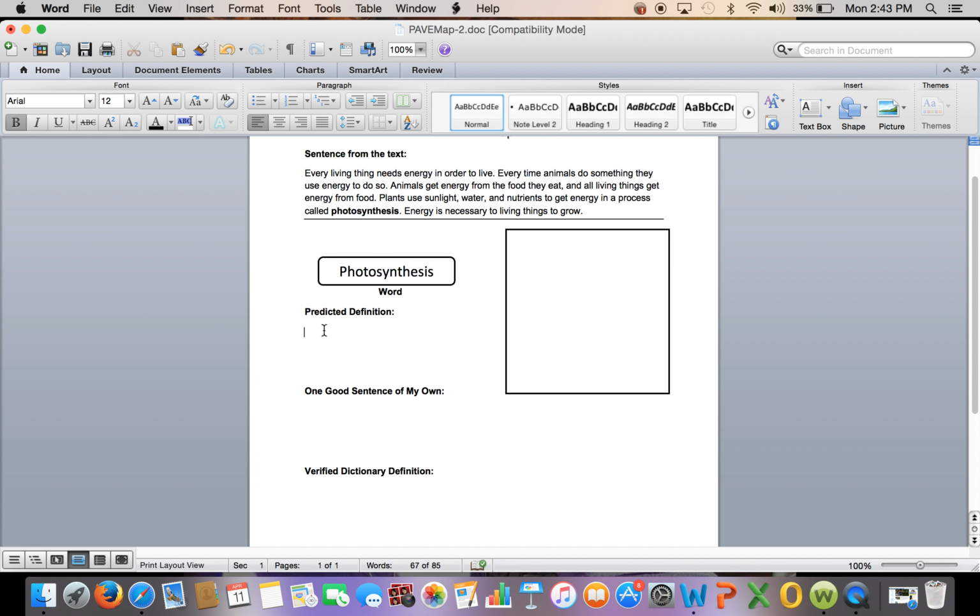You could make up anything you thought it was based on the context clues, but I'm just going to say the process that plants use to get their food from the sun. Let's have students write it in that first box.